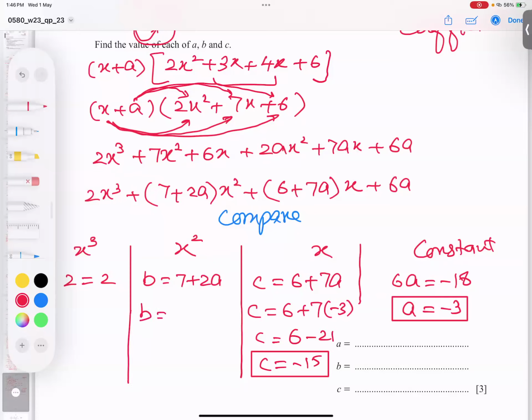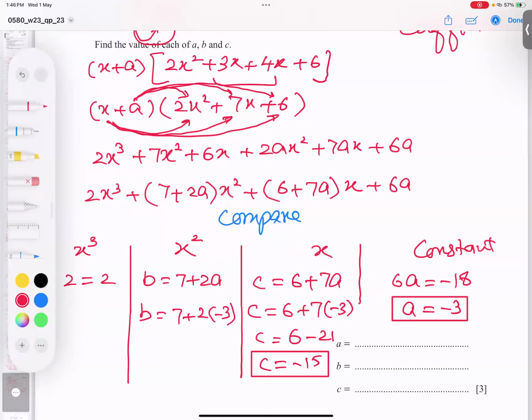So b is equal to 7 plus 2 times negative 15. Oh sorry, not negative 15, the a value is negative 3. And I get 7 and this negative 6, ultimately 1. So I hope the point is very clear. This question is completely over.